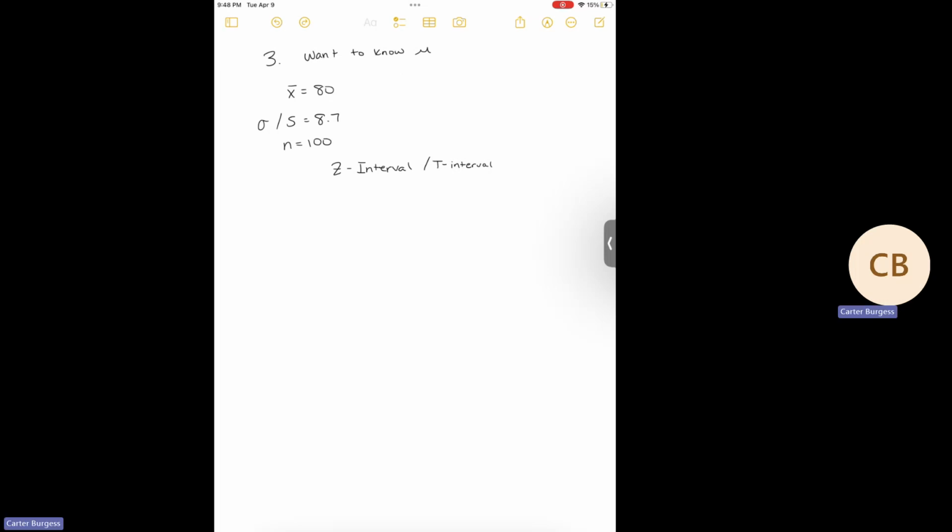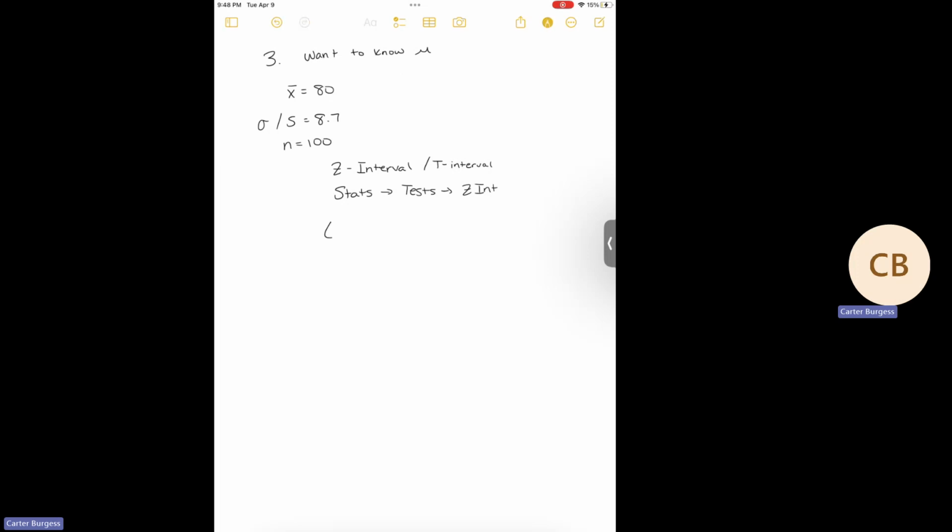So what is this going to look like? Well, for you guys, this would just be Stats, Tests, into your Z-interval, where you enter all of this information, and it's going to tell you exactly what it is.